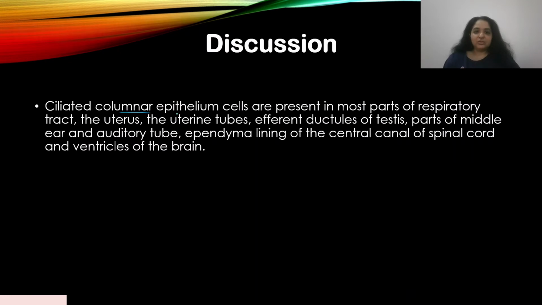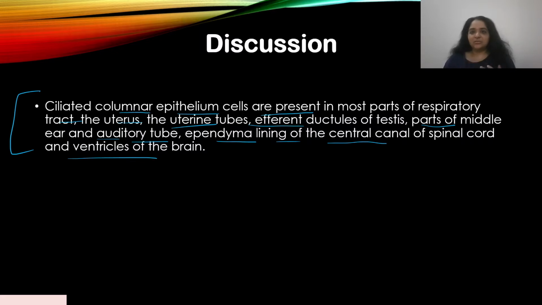Now, ciliated columnar epithelium cells are present in most parts of the respiratory tract, the uterus, uterine tube, efferent ductules of testes, parts of middle ear and auditory tube, then ependyma, lining of the central canal of spinal cord and ventricles of the brain. Now these are the areas where ciliated columnar epithelium is present. In the question they just specifically said ciliated.